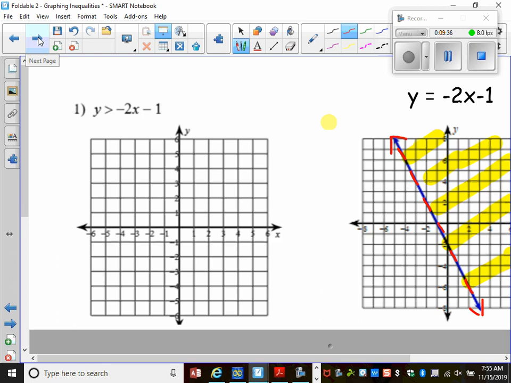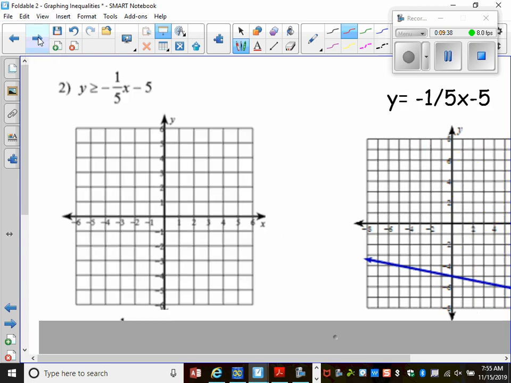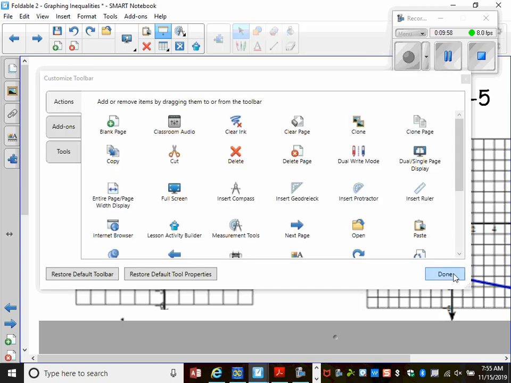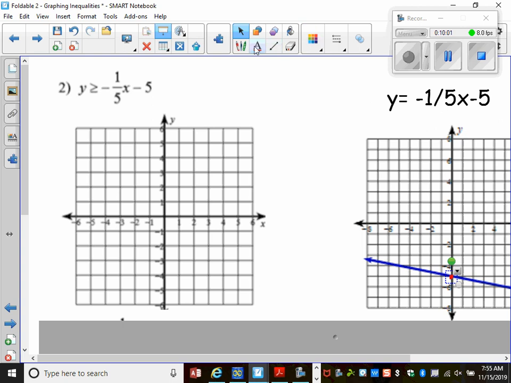All right, number 2. Now this one is correct. It should be a solid line. So go ahead and graph it. Start at your -5 and then use your slope. This is also greater than, so we're going to be shading above the line. And again, if you just want to make lines with your pencil, like this is fine.